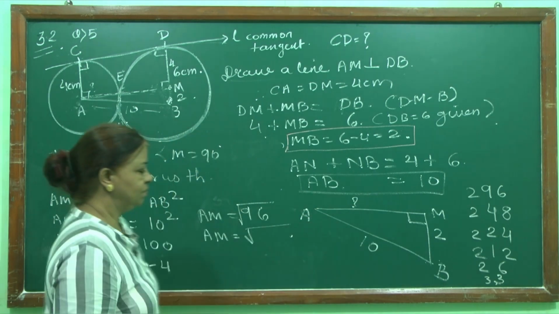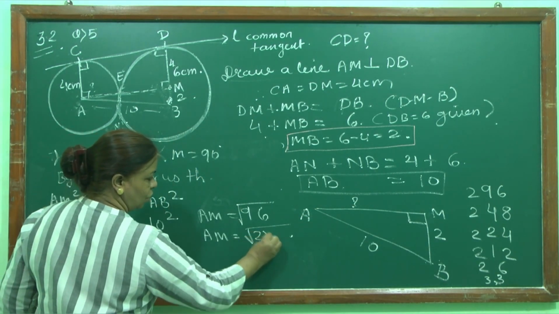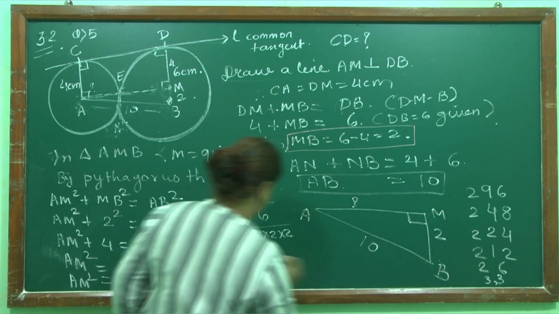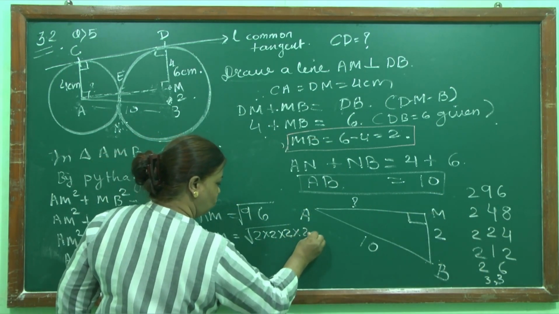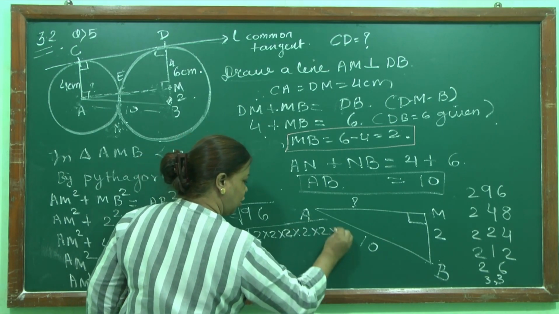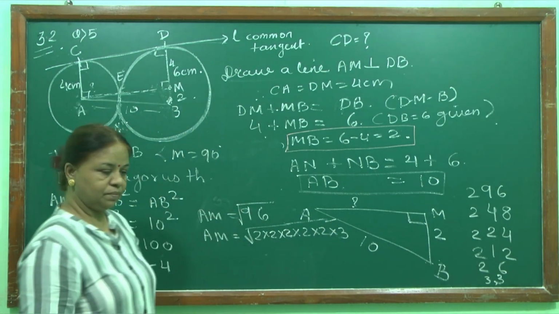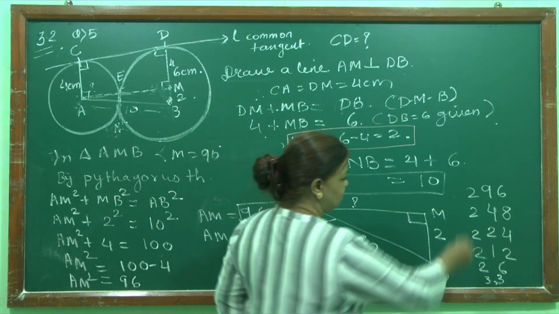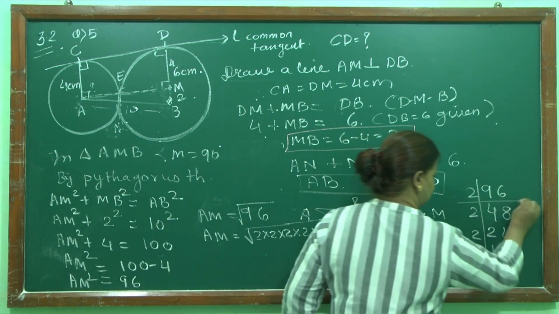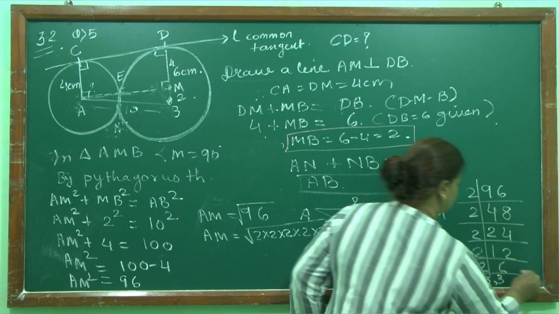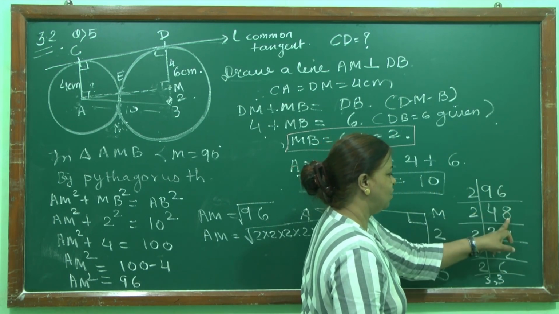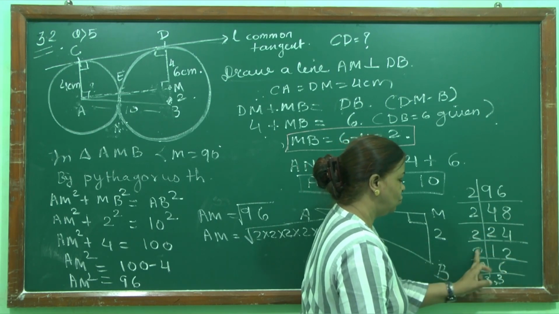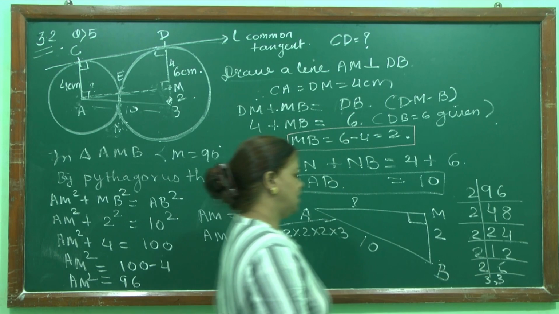So we are getting 2 into 2 into 2 into 2 into 2 into 3. See, this factorization you have learned in 8th standard, children.